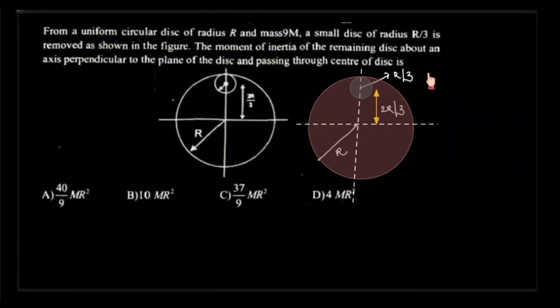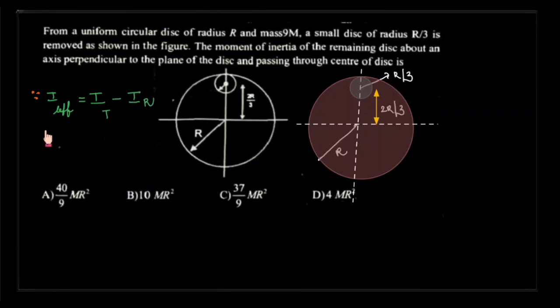Now how to solve this kind of question? The moment of inertia of this left part will be equal to the moment of inertia of the total minus the moment of inertia of the removed part, right?